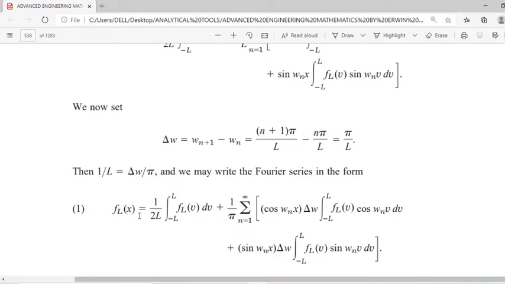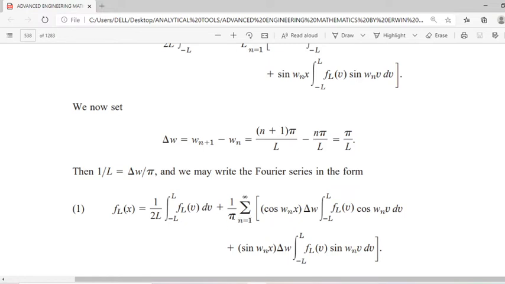So you will get fL of x equal to 1 by 2L into integral minus L to L fL of v dv plus, instead of 1 by L we can write it as delta W by pi. So delta W appears here, and 1 by pi is taken outside.